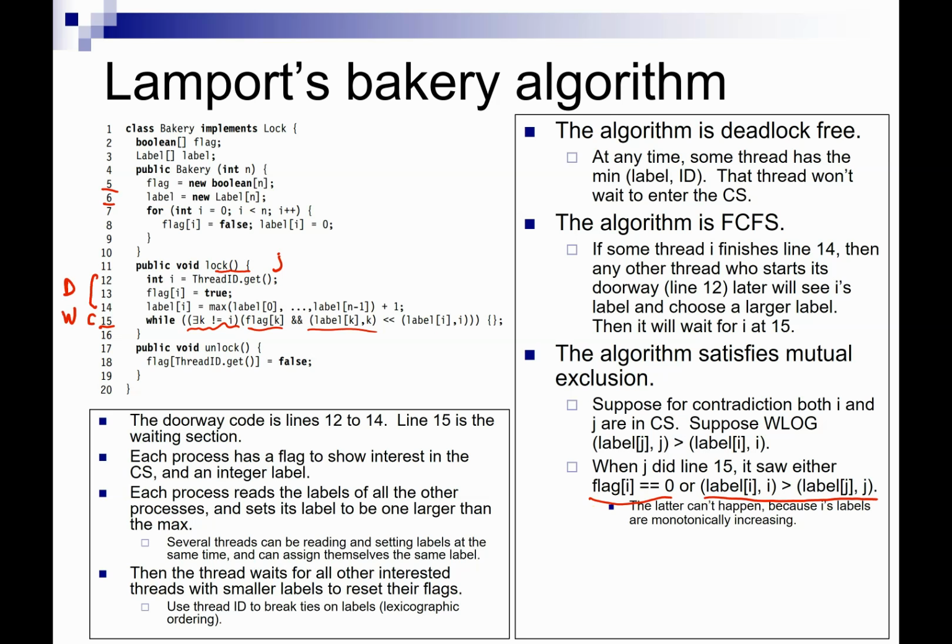Because if both I's flag equals 1 and I's label is less than J's, then J would wait at 15 and would not go into the critical section. Now it's impossible for I's label to be larger than J's because we've already assumed that J has a larger label, and I's label can only increase; it never decreases over time.